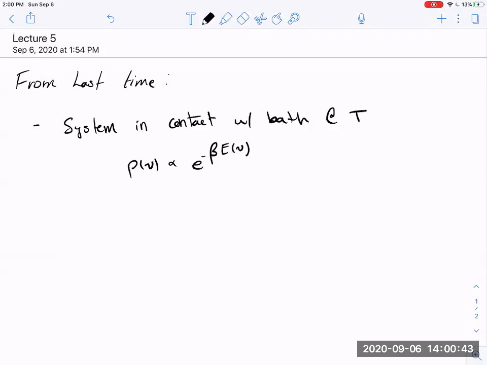That constant of proportionality will deserve a lot of attention. We'll get to that in some upcoming lectures, but it suffices to acknowledge where the information of the microstate resides, which is in this energy function here.